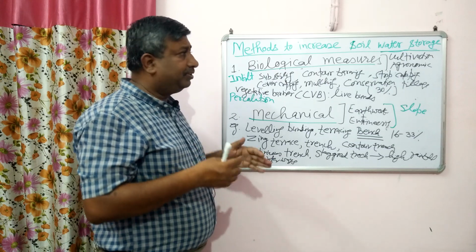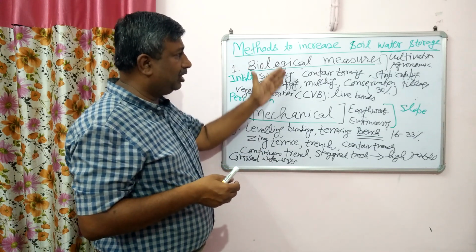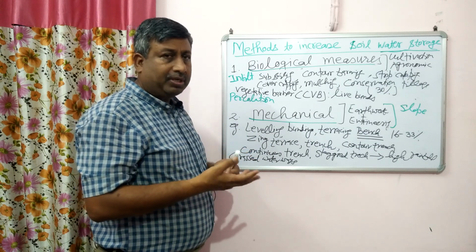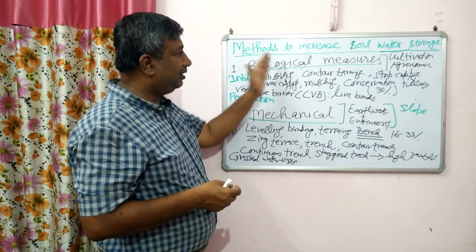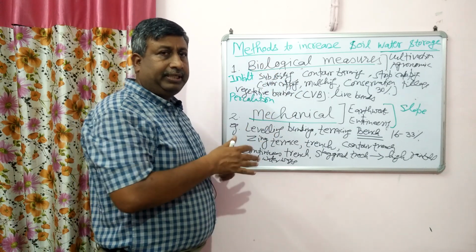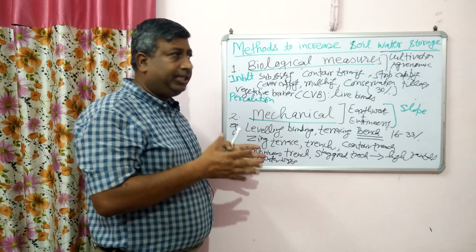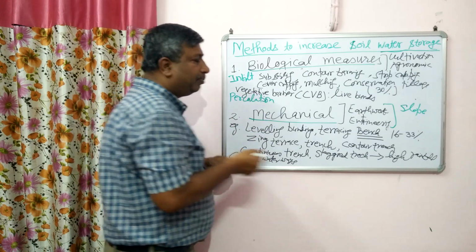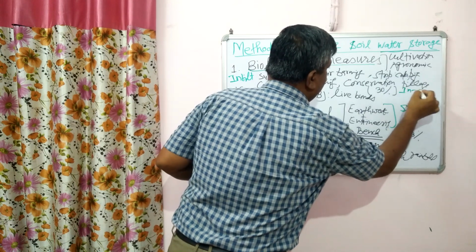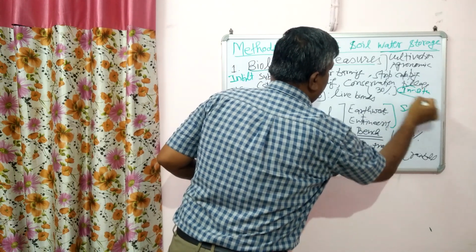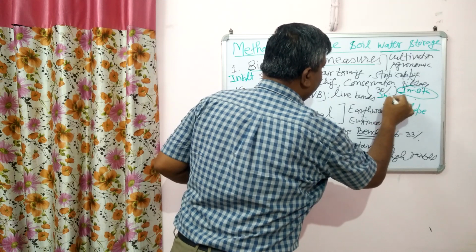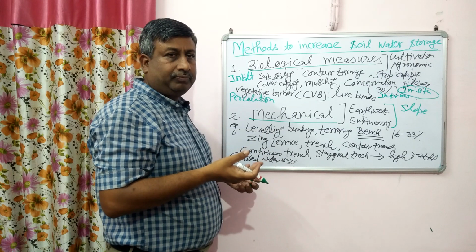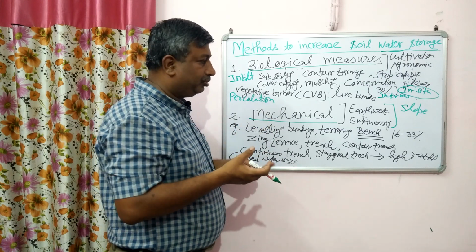In situ water harvesting is adopted, then inter-row water harvesting, interplot water harvesting, modified water harvesting, which come under biological measures. So in situ water harvesting actually increases the soil moisture storage. If we are adopting in situ water harvesting, like inter-row water harvesting, definitely it increases the percolation and soil moisture storage.